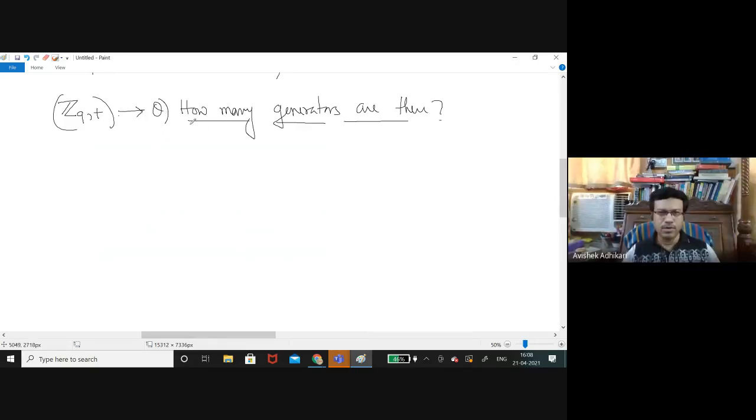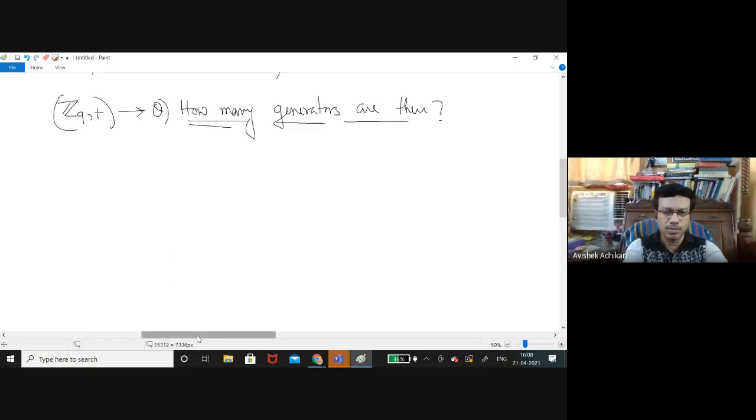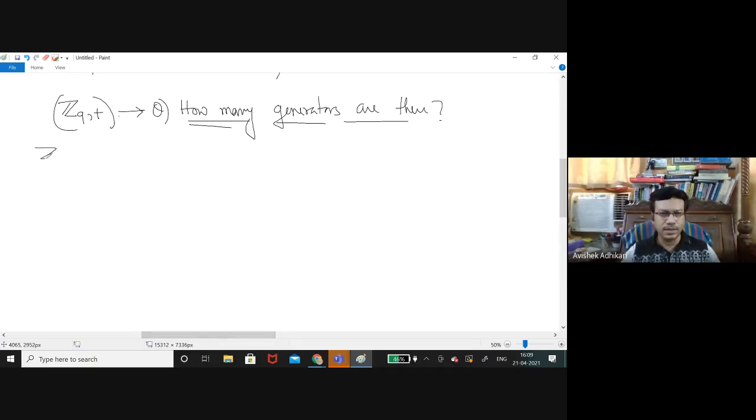Very good. So, as I understand, just now we have talked about Z5 and then Z6. In case of Z5, we have seen that class 1, class 2, class 3, class 4, all of them were the generators.